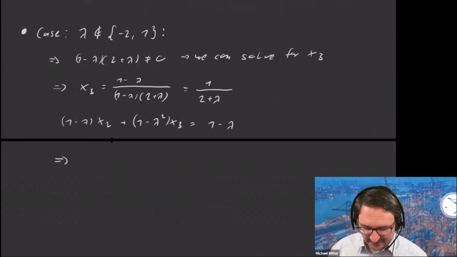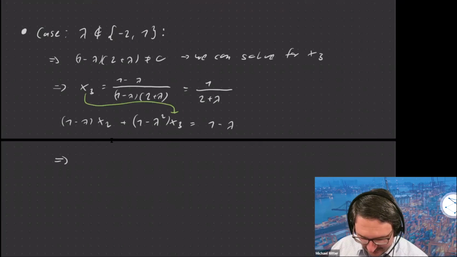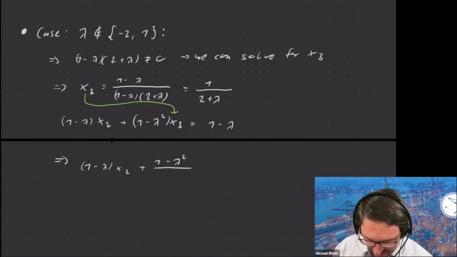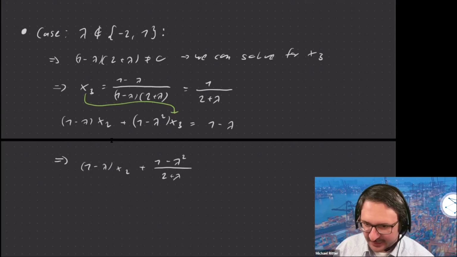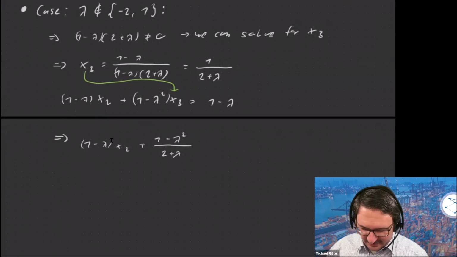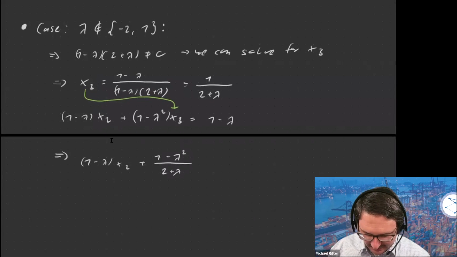And now if I substitute x3 here, then I get 1 minus lambda x2 plus 1 minus lambda squared over 2 plus lambda equals 1 minus lambda.